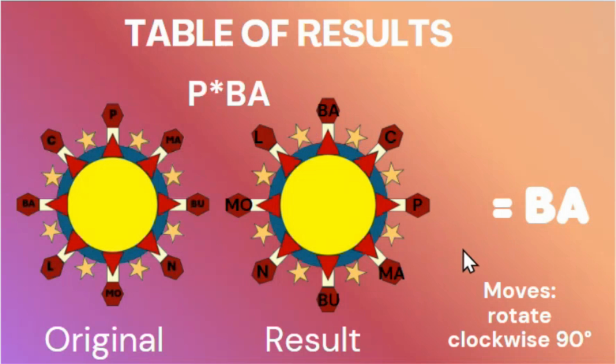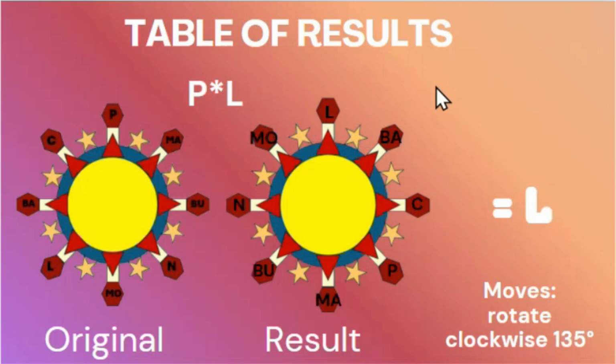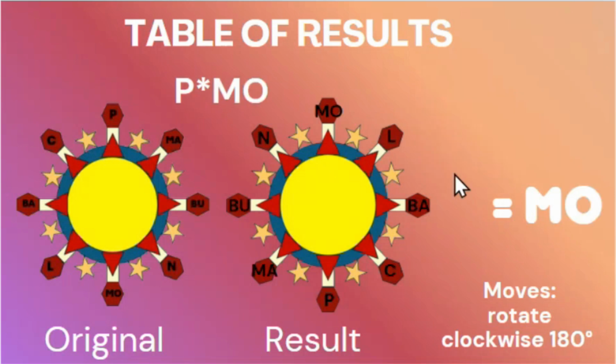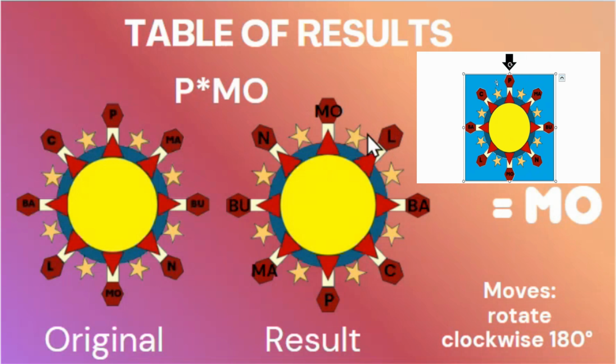The next one, P star L. L means rotate clockwise 135 degrees. As you can see, we have here the element L. So our result is L. Next one, P star MO.